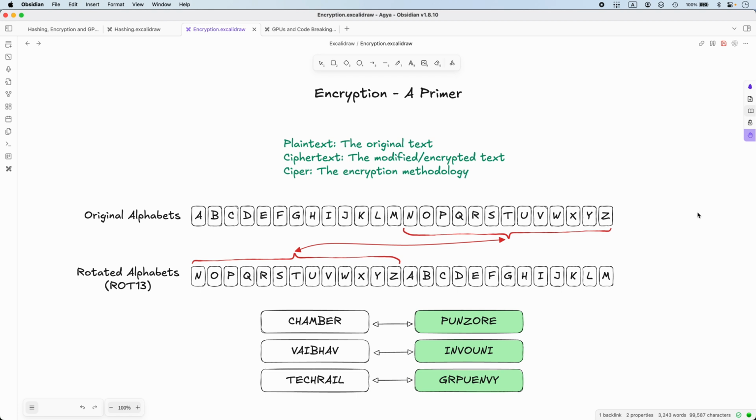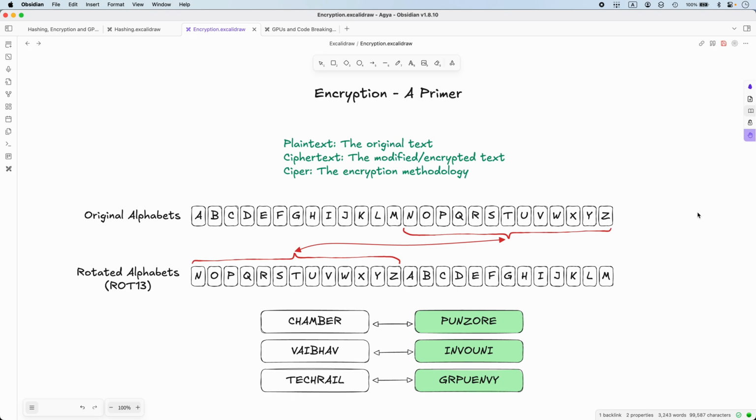We'll get to that in part. Again, just to tell you, this is a primer. This is only to give you a very basic idea of what encryption is and how it works. This is not close to what computers do today, and this is only the basics.